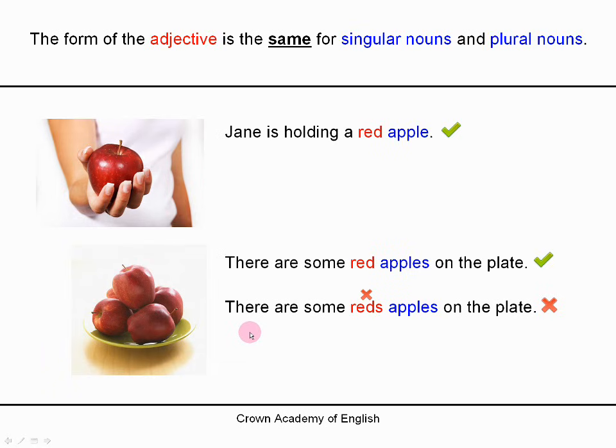So this sentence is wrong. This is wrong. This does not exist in English. So this is important because many other languages, foreign languages, particularly European languages, like French for example, there is a singular form of an adjective and also a plural form of the adjective, because the adjective agrees with the noun.